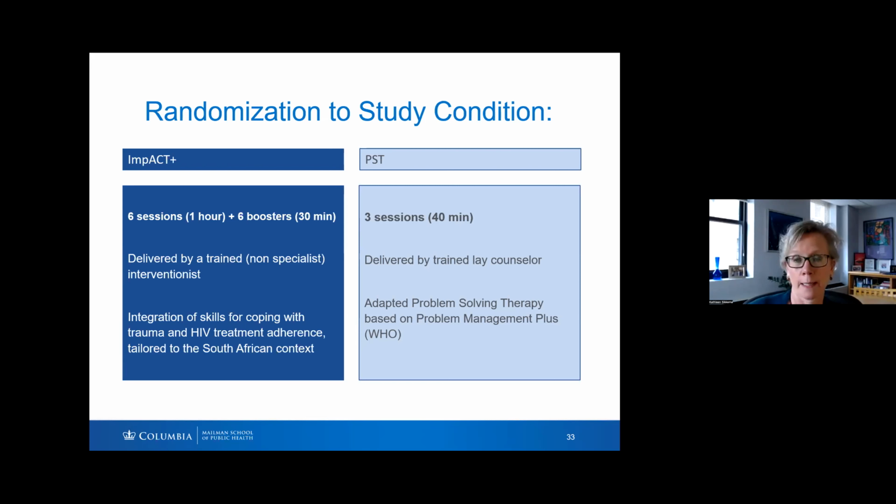We also wanted, this is the real ethical point here, that there's very little screening of mental health concerns, let alone asking people in a systematic way if they've experienced sexual trauma. So it seemed completely unethical to screen for sexual trauma and then offer someone standard of care or referral, and we felt they had to also receive an intervention.